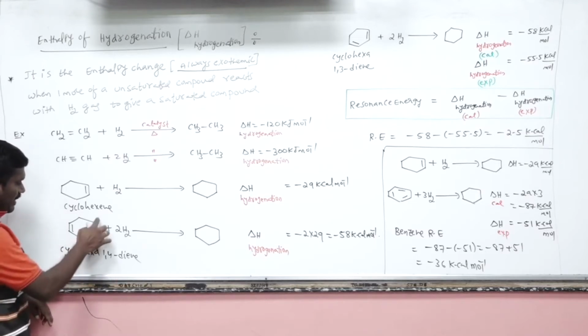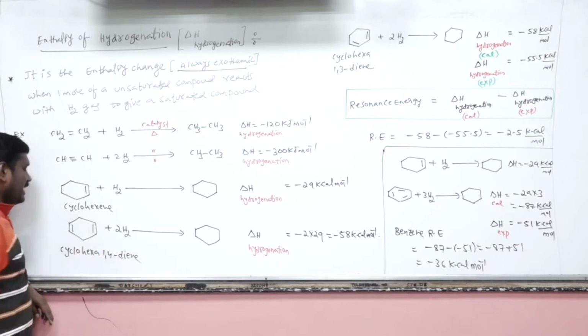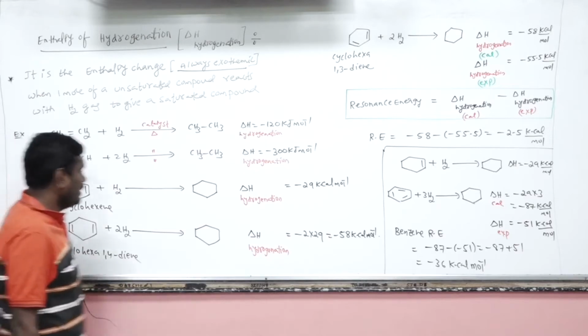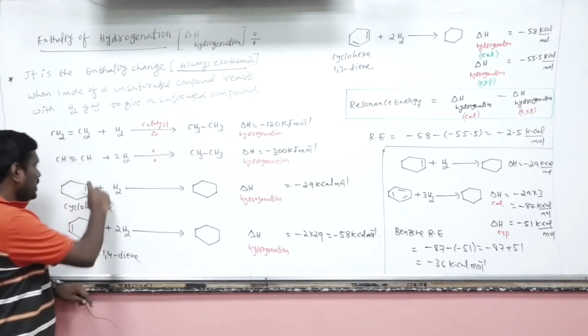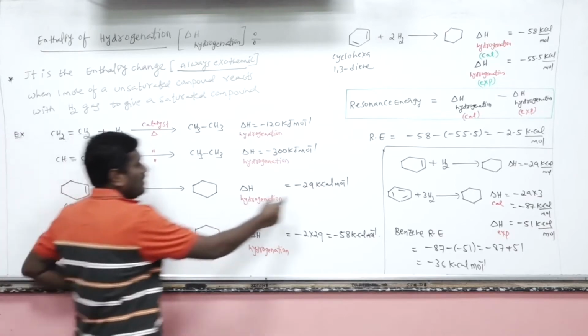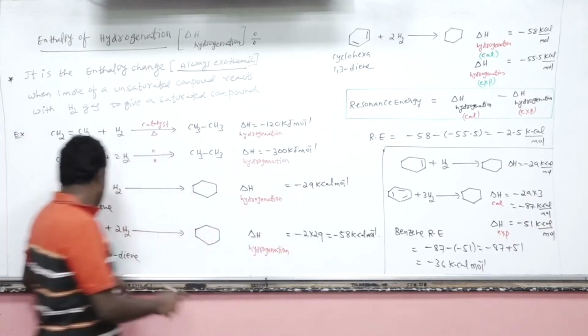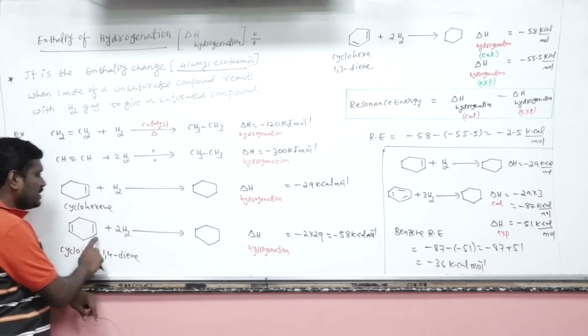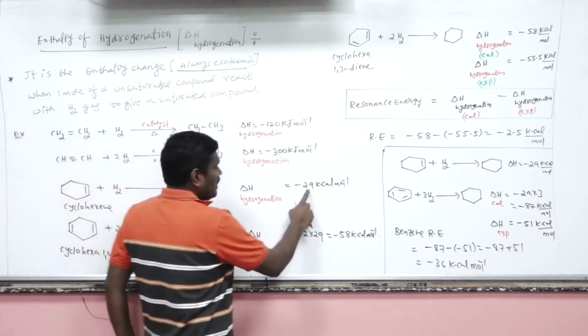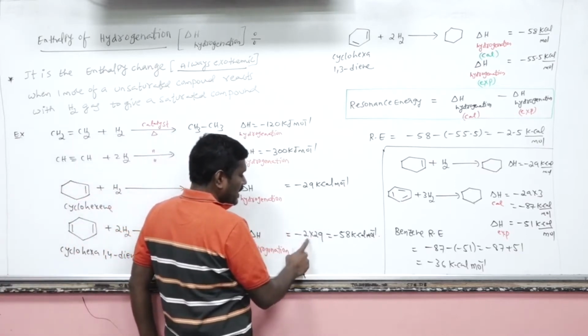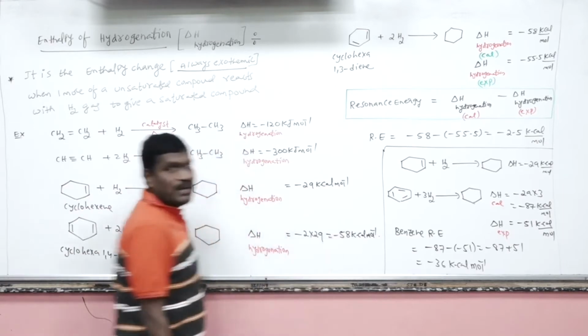Numbering 1, 2, 3, 4, 5, 6: 1,4-cyclohexadiene. Now what we expect for each pi bond, the enthalpy of hydrogenation is minus 29. So we have 2 isolated pi bonds, so we can expect 29 doubled, that is minus 58 kilocalorie per mole.